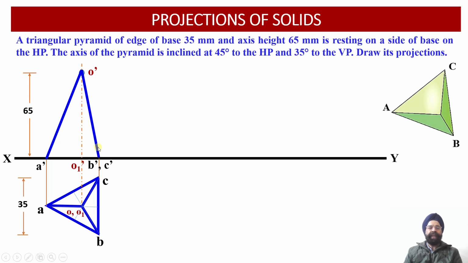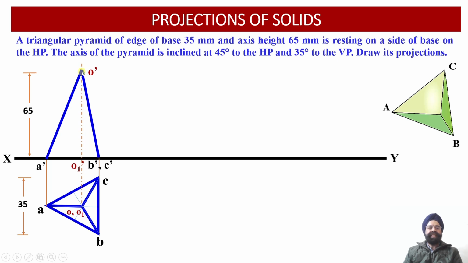One thing we must remember here is that this slant edge OC is lying on the rear side of the solid. As we are looking from this side, the slant edge OC, since it is lying on the rear side of the solid, will appear as a dotted or hidden line projection, that is O dash C dash in the front view projection. Whereas the slant edge OB, since it is visible to the observer, will appear as a solid line projection as O dash B dash in the front view projection.